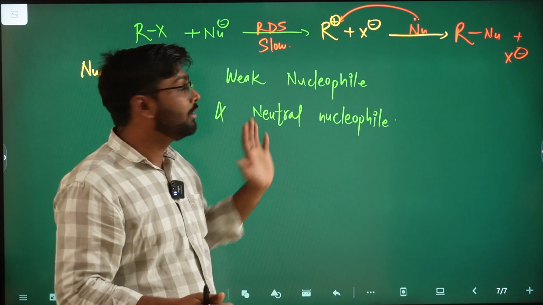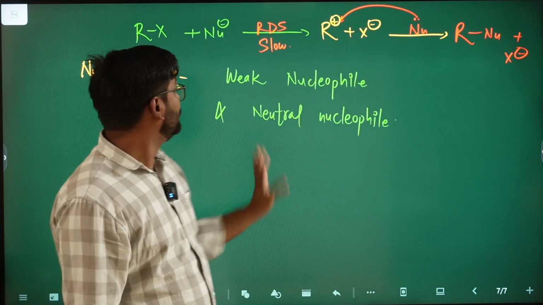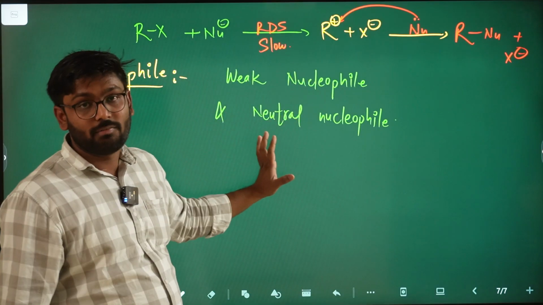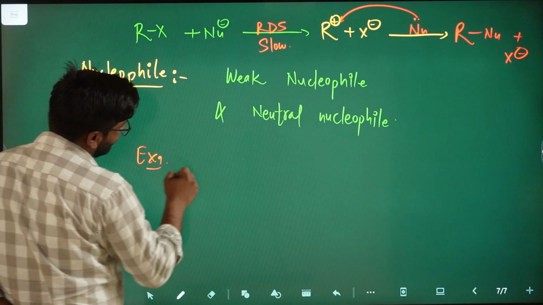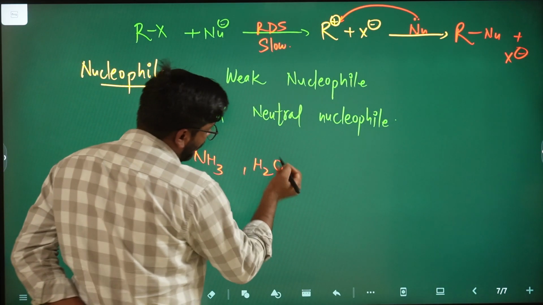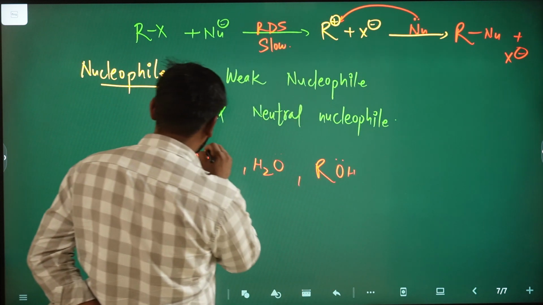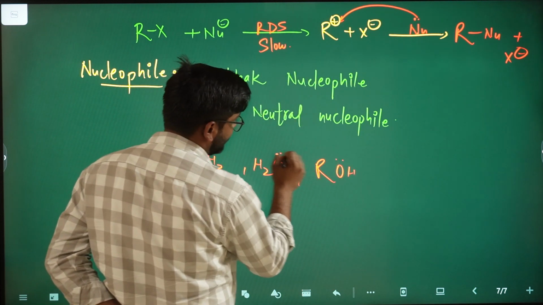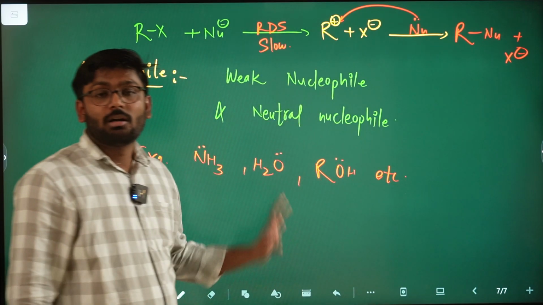We want to go SN1 type, so we should take a weak nucleophile. What are weak nucleophile types? Examples are NH3, H2O, or any alcohol. These nucleophiles have lone pairs and will attack the carbocation.